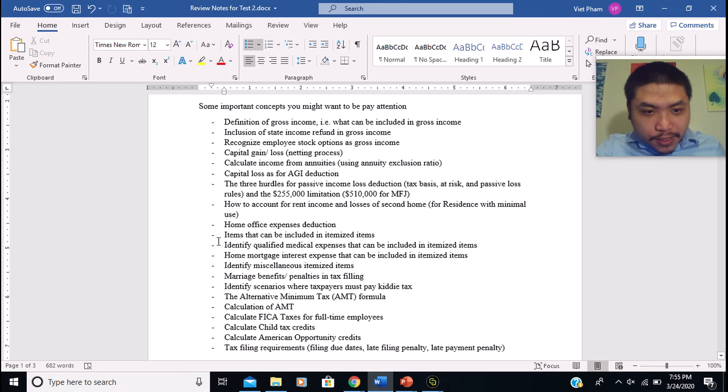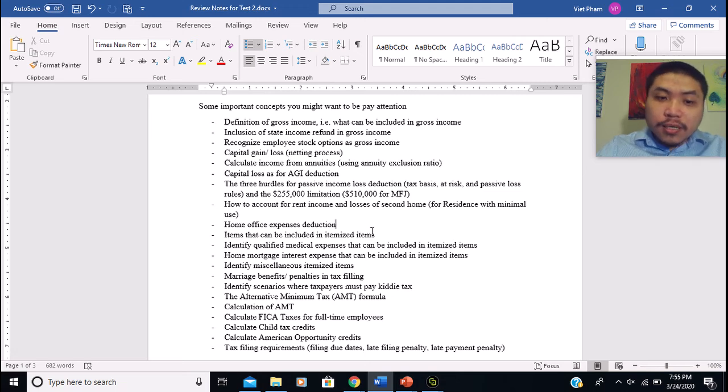And then the next item you should know about is the items that can be included in itemized deductions. This is just a broad definition of itemized deductions, and this is in chapter 7. So make sure you know the big main items that can be included under itemized deductions.